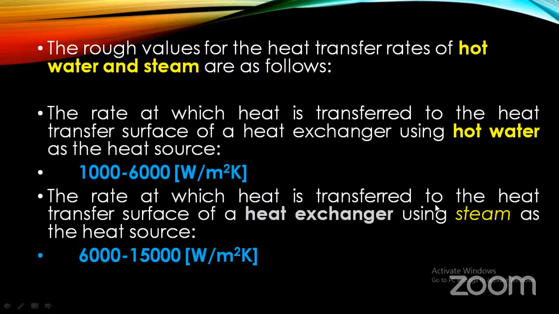Whereas if the working fluid is steam, the same heat transfer rate is between 6000 to 15,000. That means it is around 2 times higher. If you use hot water as a working fluid, the heat transfer rate is only up to 6000, whereas with steam it is around double the heat transfer.